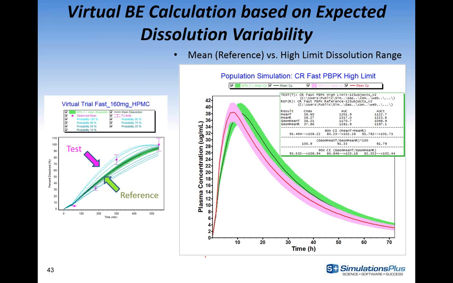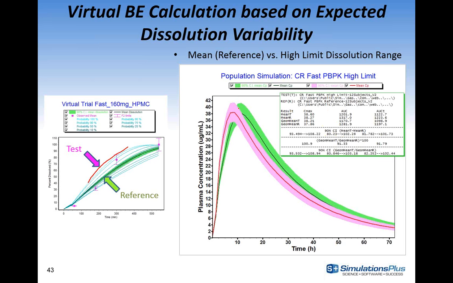We also did the same simulation, but this time the test product is the high limit of the dissolution curve shown on the left, and then the reference is the mean again. And then there's very little difference here. The Tmax is again fairly different, but overall still roughly the same amount of drug ends up entering the systemic circulation, and the AUCs are fairly similar.